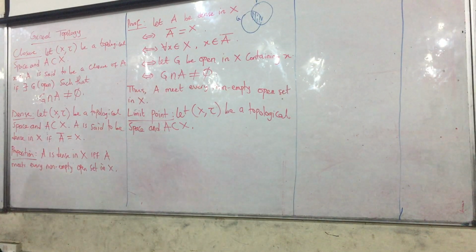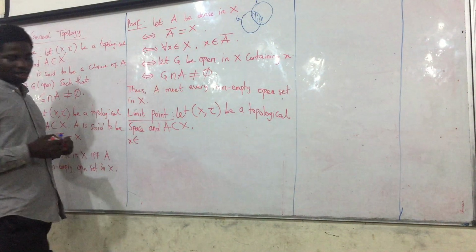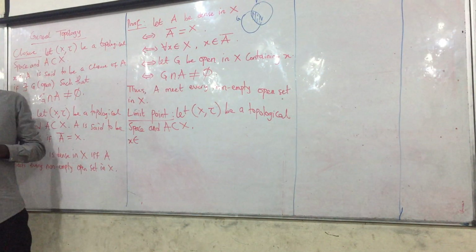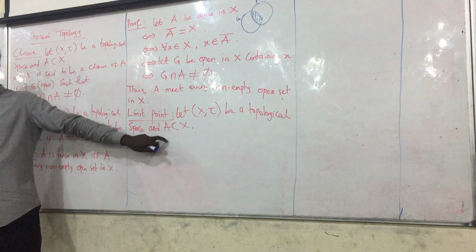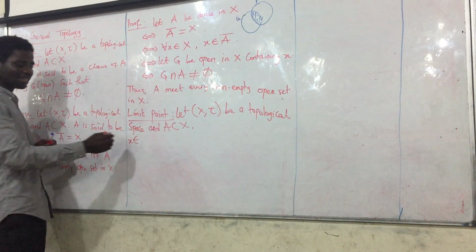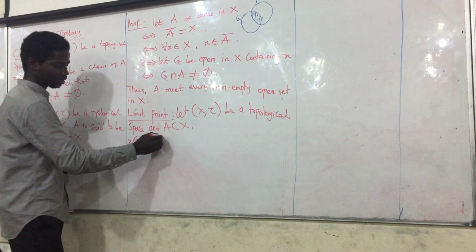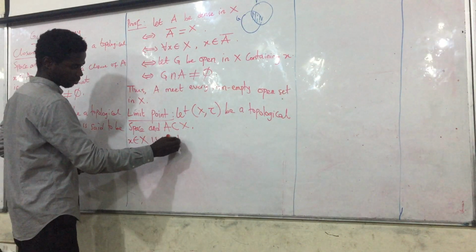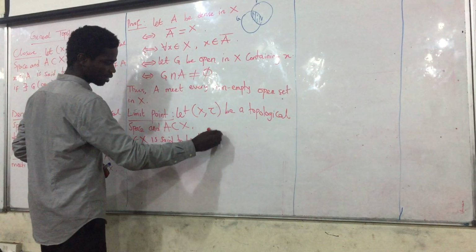At times the limit point of a set will not actually be inside the set, but it will be inside the space. Now, x in S is said to be the limit point.